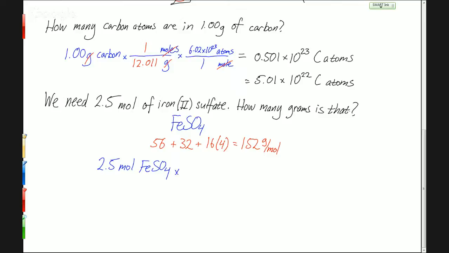All right, so we got 2.5 moles of iron sulfate, and we want to know how many grams we need per mole. And that's what that molar mass tells us. So this tells us we need 152 grams per mole.